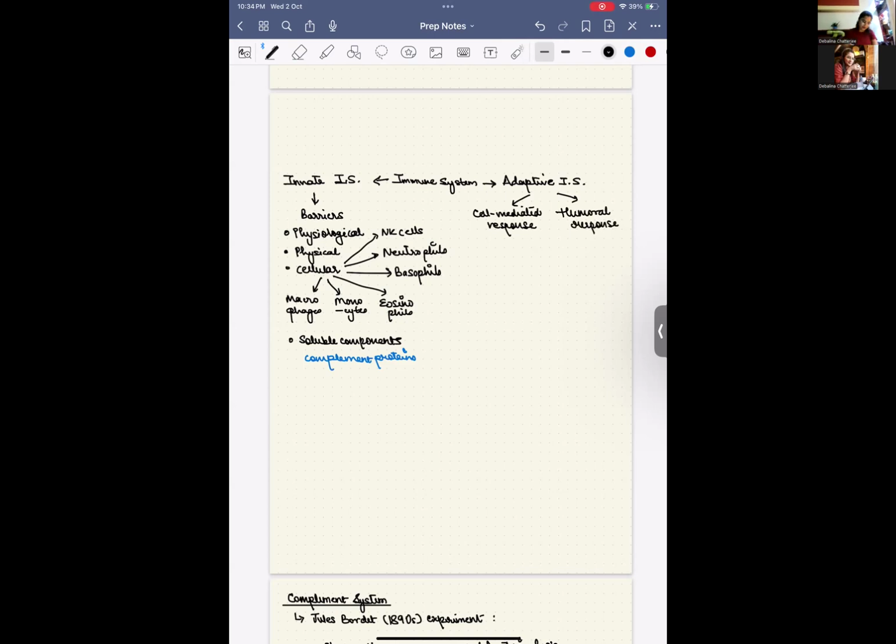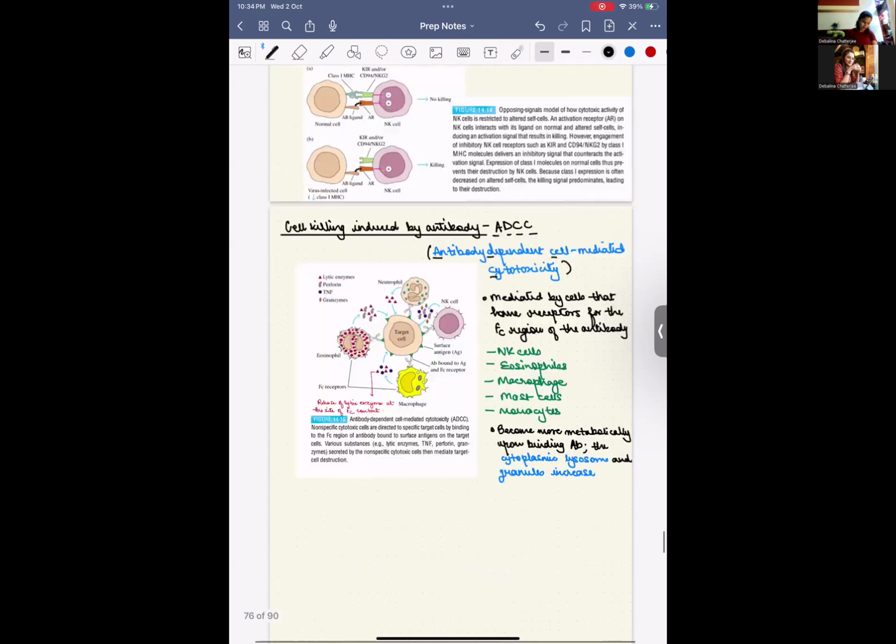The humoral response involves the B cell produced antibodies. And what all functions can the antibodies mediate?